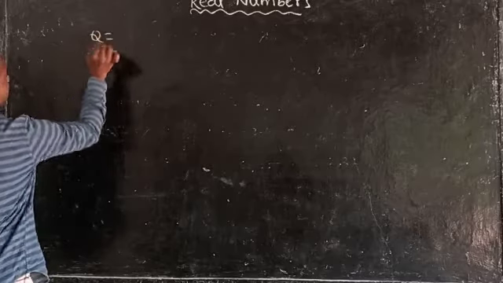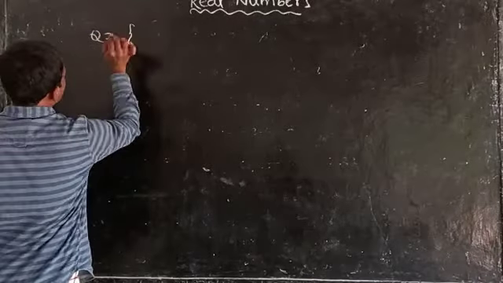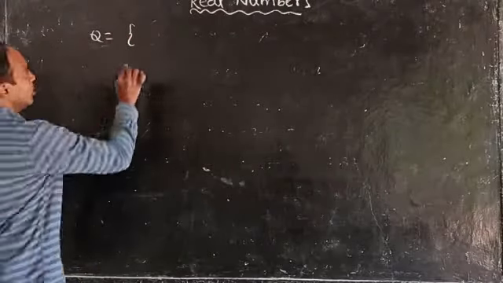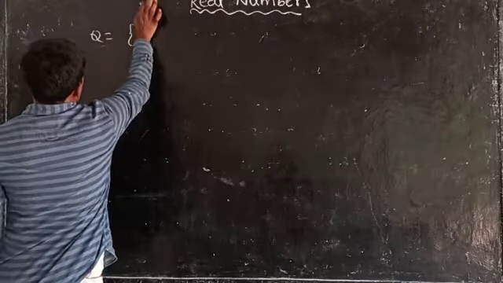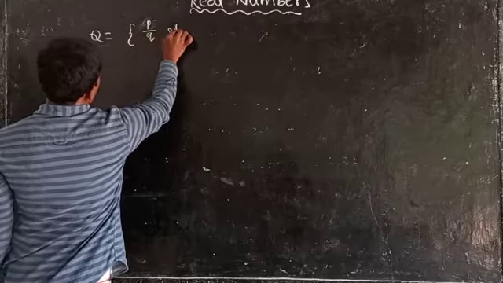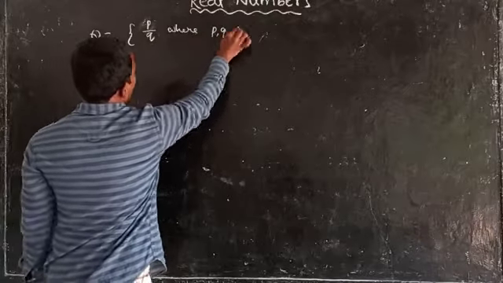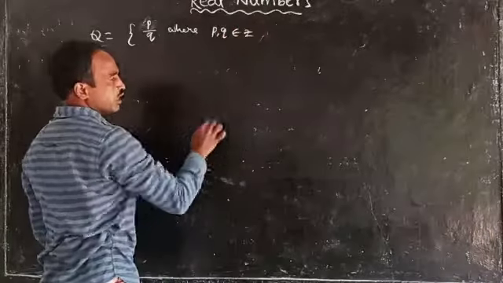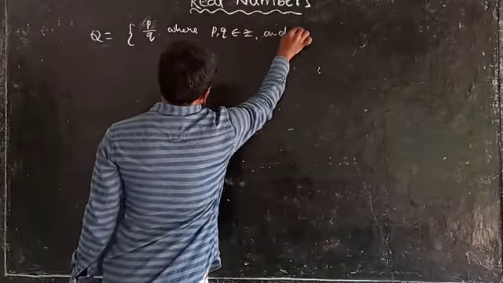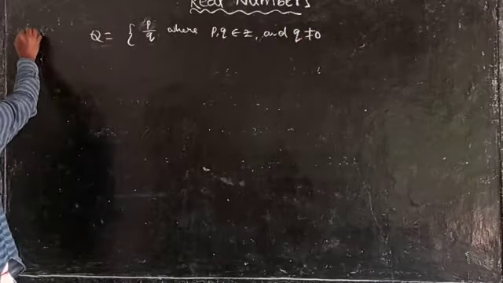Q is denoted for rational numbers. The set of rational numbers, which are in the form of P by Q, where P comma Q belong to whole numbers and Q is not equal to 0. Already we learned before. This is called rational numbers.